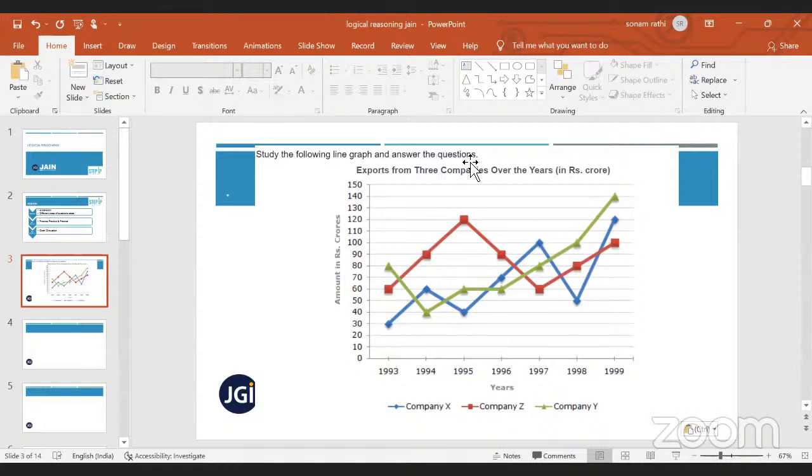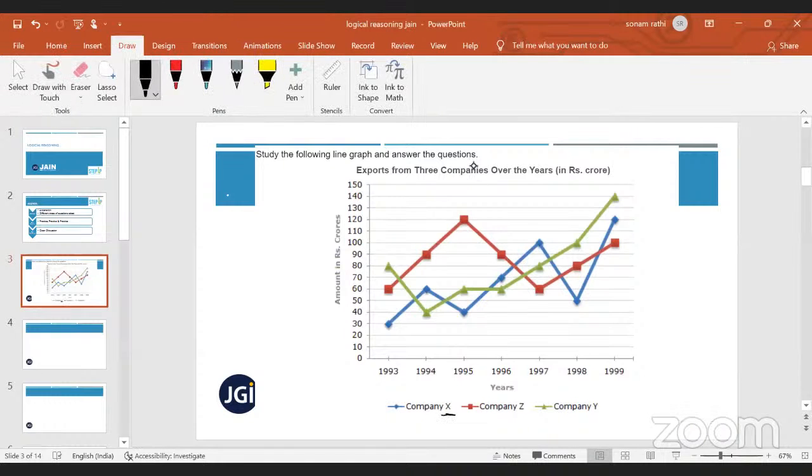So how will I read the data? In 1993, company X is 30, company Z is 80, and company Y is 60. Blue is X, red is Z, and green is Y. That's how you will read.